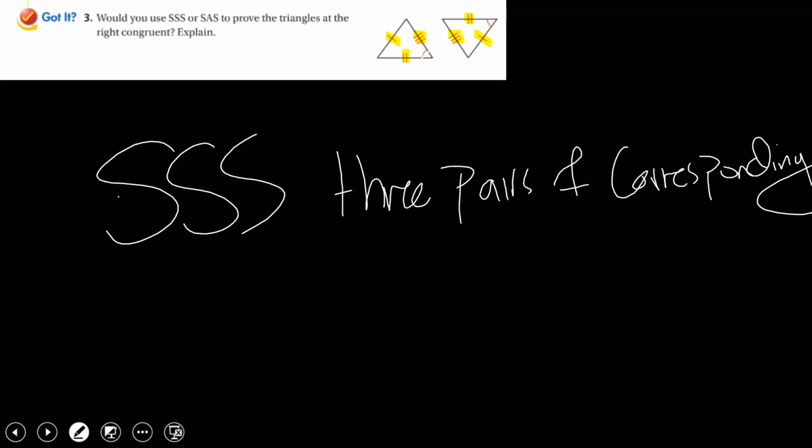Which two sides? Sides 2 and 3. But the second angle is between side 1 and side 2. Oh, it's different. So can I use now SAS? No, SSS only. Thank you so much.